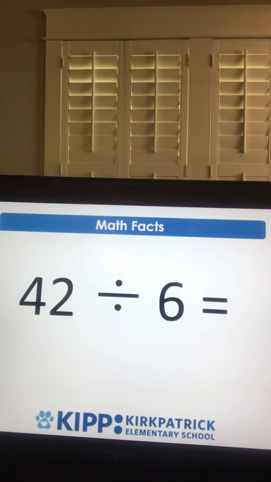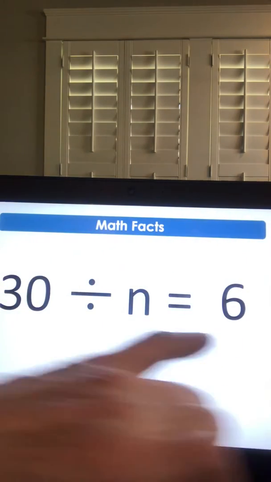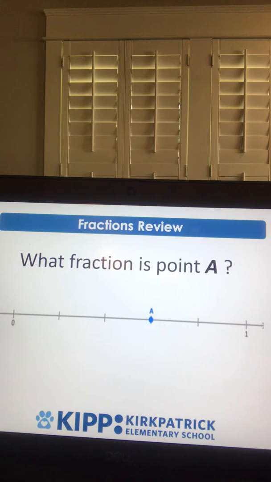That's 5. 42 divided by 6 is 7. 30 divided by n equals 6. You could roll your 6's up to 30 to solve this. So our variable n would be equal to 5.